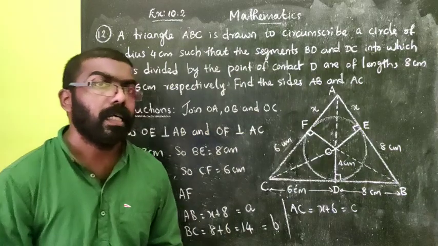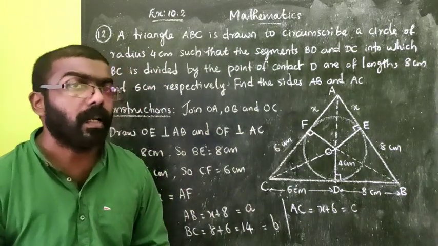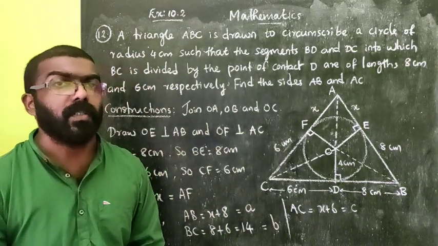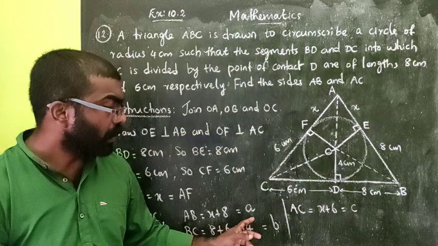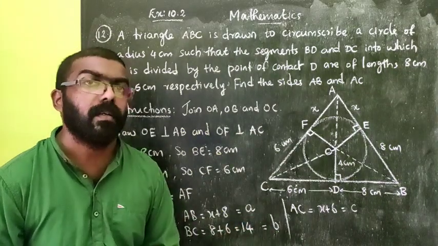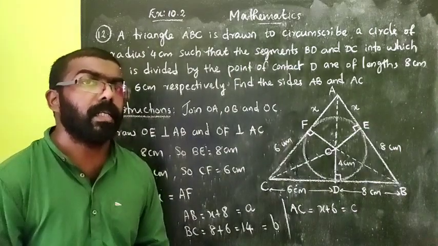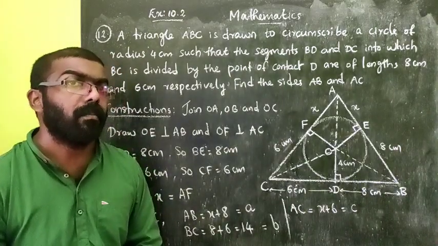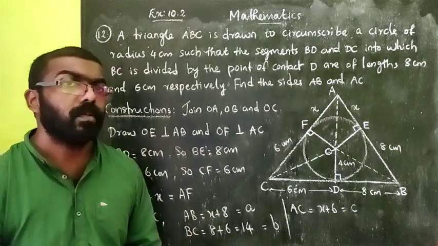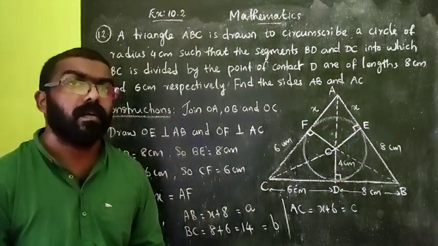Now we can find the area of triangle ABC using Heron's formula. That's why we take the sides as a, b and c. First of all, we have to find the semi-perimeter, or half perimeter, s. s is equal to a plus b plus c divided by 2.